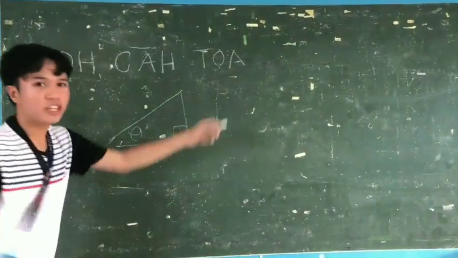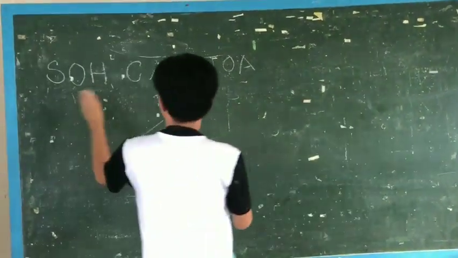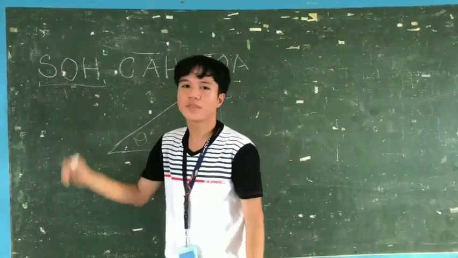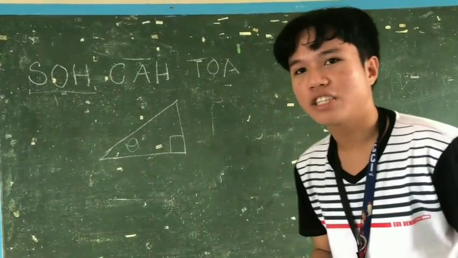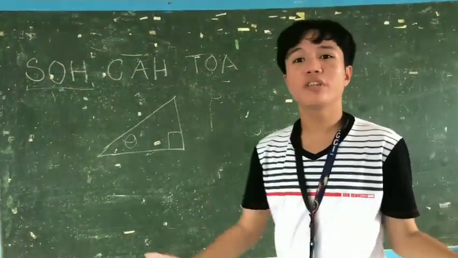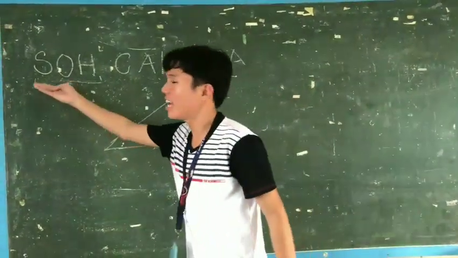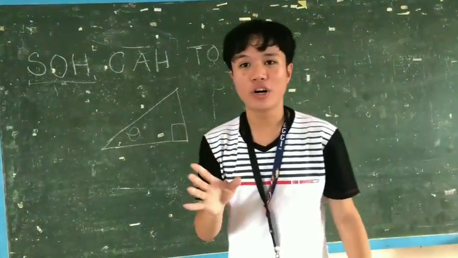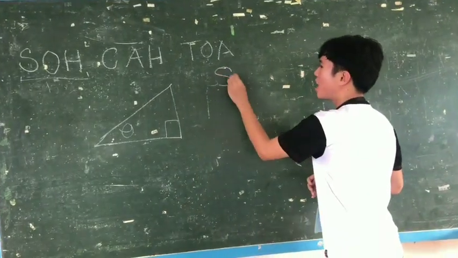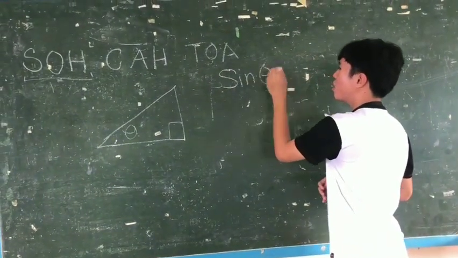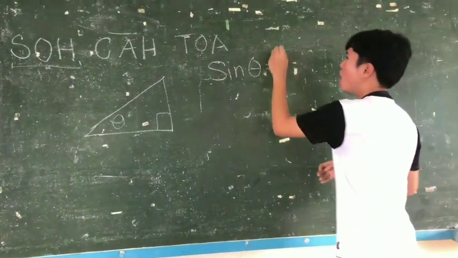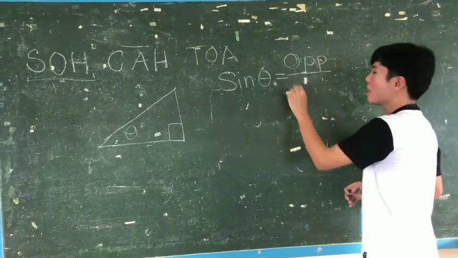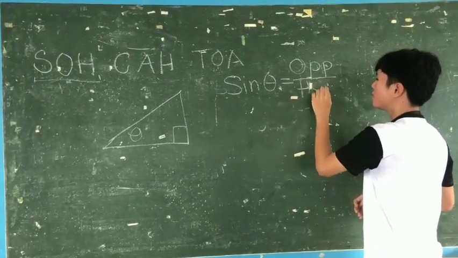Okay, in these 3 terms, let's tackle each one of them. So first, let's go here, the SOH, also known as the sine ratio. This is usually recalled as the SOH acronym, which stands for sine equals opposite over hypotenuse.